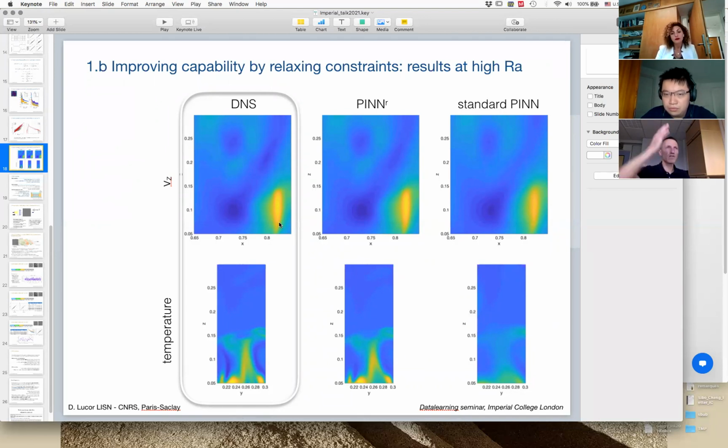I have some snapshots in time, and I'm not asking to predict exactly at a snapshot that I was using for training. Otherwise, it's too easy, right? I'm asking to predict the solution in between two snapshots. That's the first difficulty. The second difficulty is that to reconstruct all of this, I provide the machine learning with not that many data, and also data about temperature, not about velocity, for example.